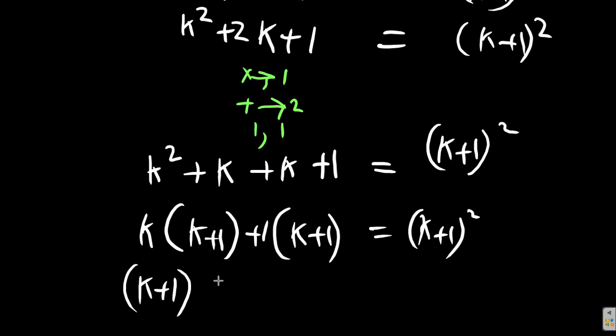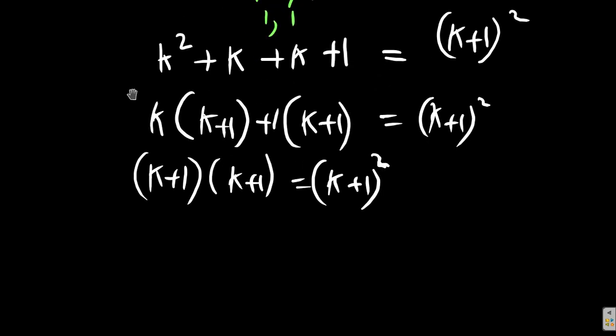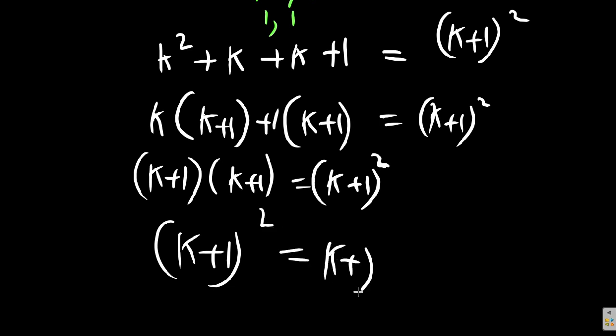Once you remember your factorization of quadratic equations, you will not have a problem with this part. And then inside the bracket k plus 1 is equal to k plus 1 squared. Good. So we can write, this is k plus 1 squared, k plus 1 by k plus 1. So it's k plus 1 squared equals k plus 1 squared. So it is proved. Alright?